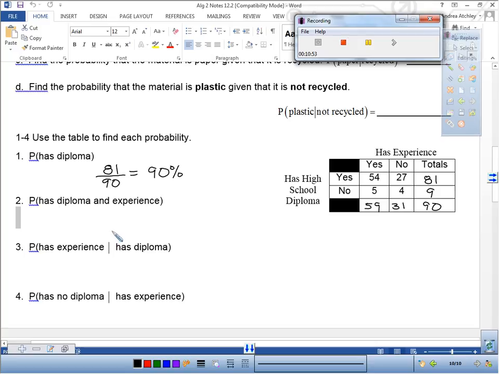Any questions over that? Okay, we want to see has a diploma and experience. So again, we're looking at our total number of people because there's no limit. But we only want to find the people who have a diploma and experience. So find that group of people.